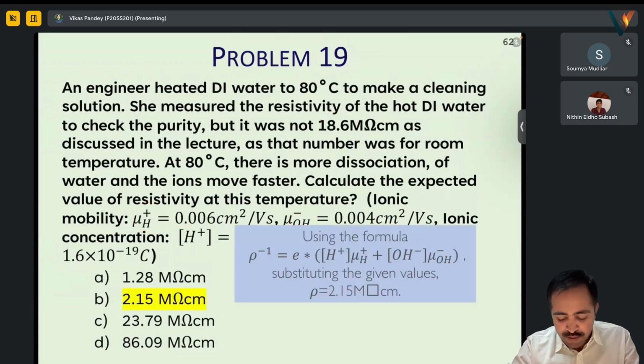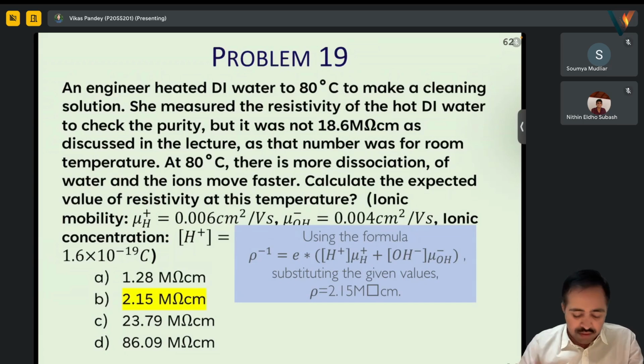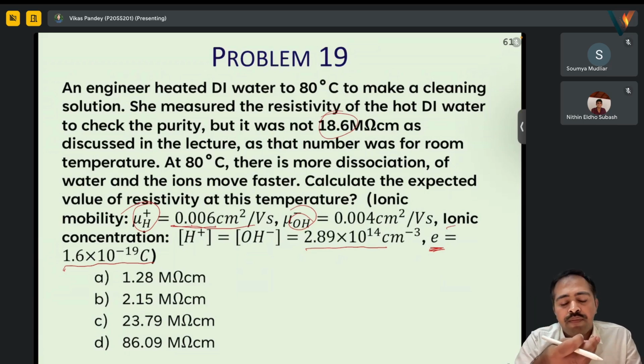So it will simply be the sum of the ionic mobilities of both the ions multiplied by the concentration, and the whole thing multiplied by the electronic charge.